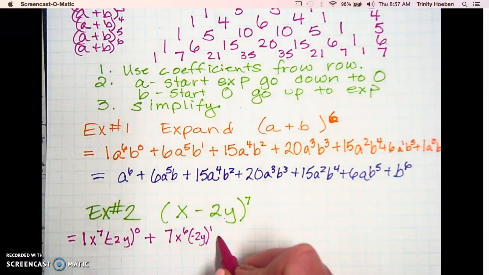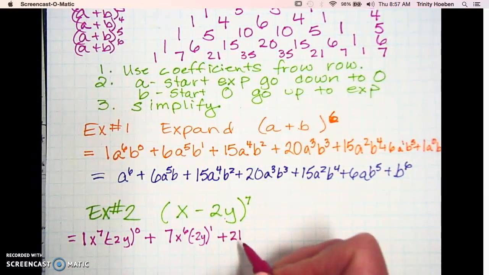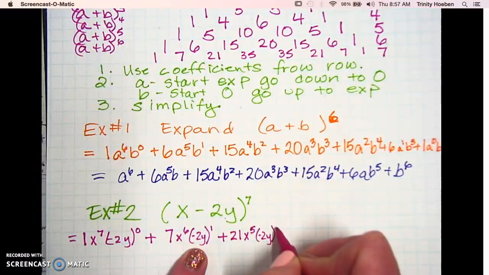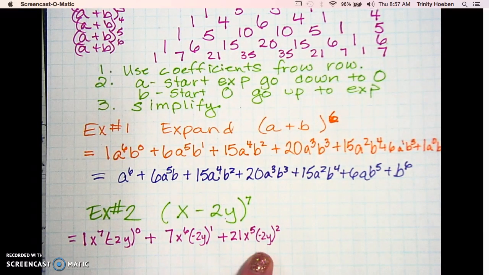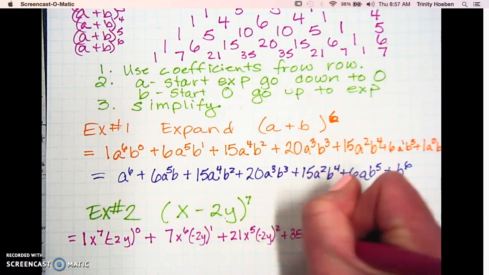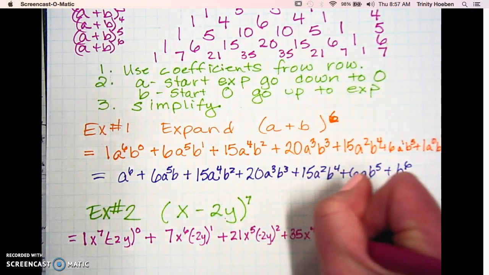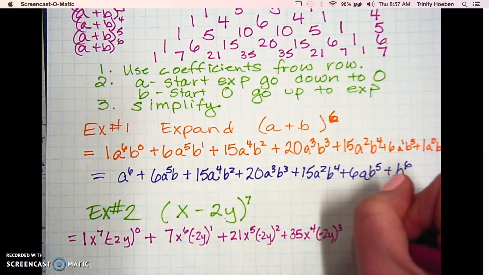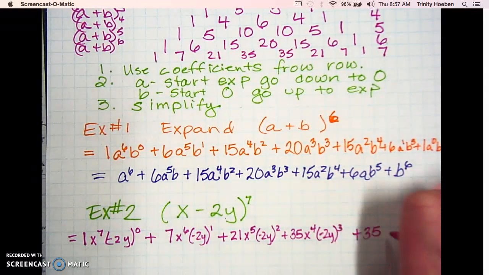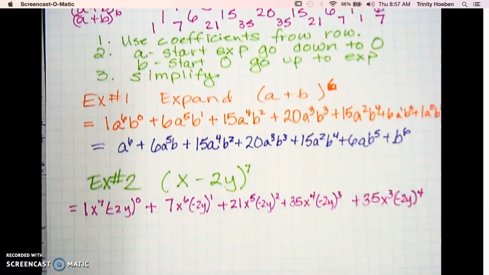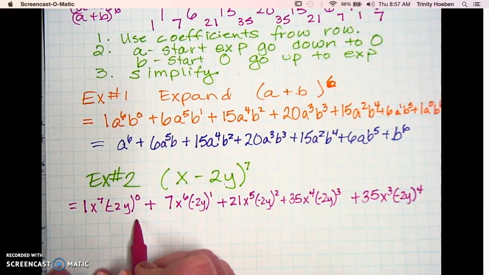Next term has a coefficient of 21. Take our x to the 5th, our negative 2y to the 2nd, and that's our 3rd term. Next coefficient is 35. X to the 4th, negative 2y to the 3rd, and then we have another 35, x to the 3rd, negative 2y to the 4th, and I'm running out of room, so I'm going to continue down here.